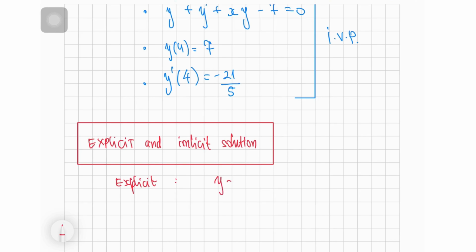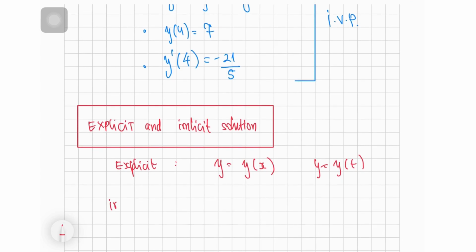An explicit solution is of the form y equals y of x or y equals y of t. And an implicit solution is a solution which is given again as a relation with the variable.